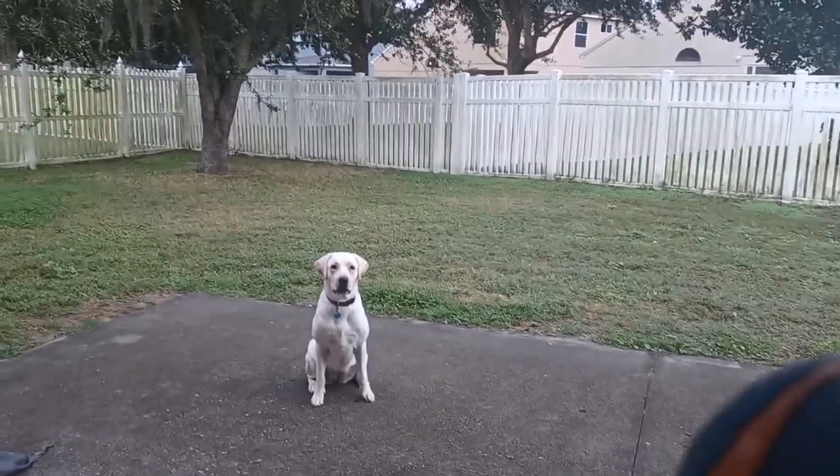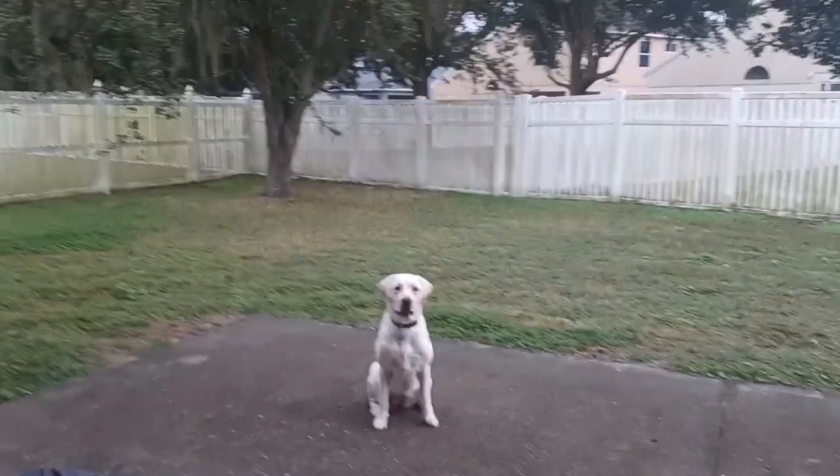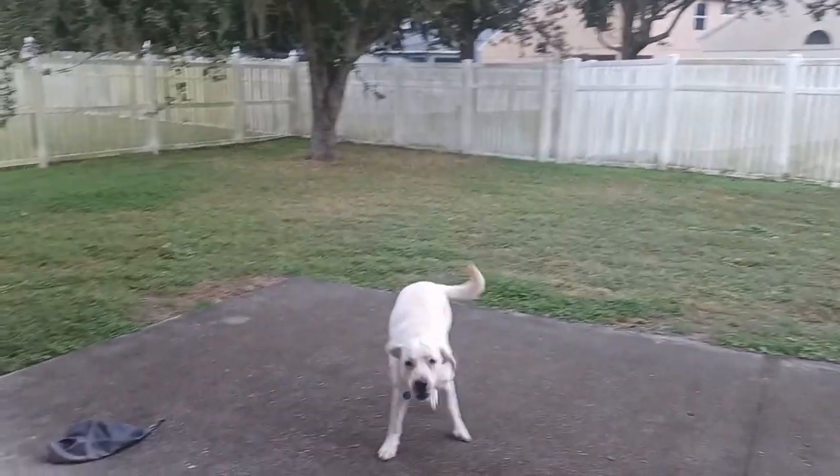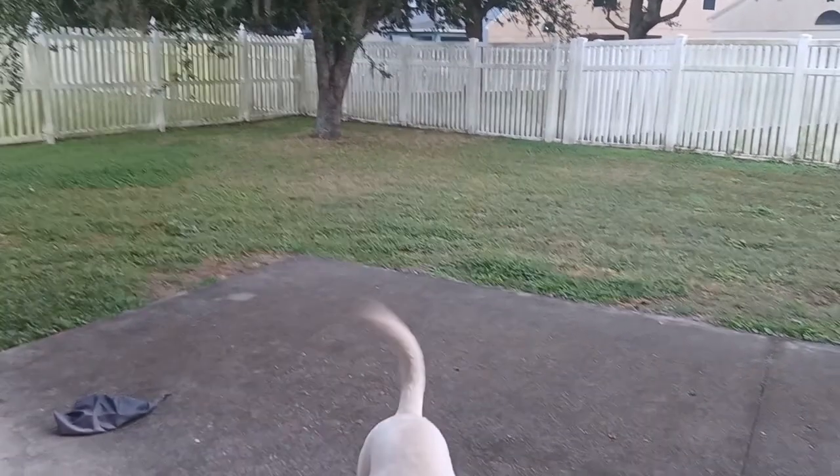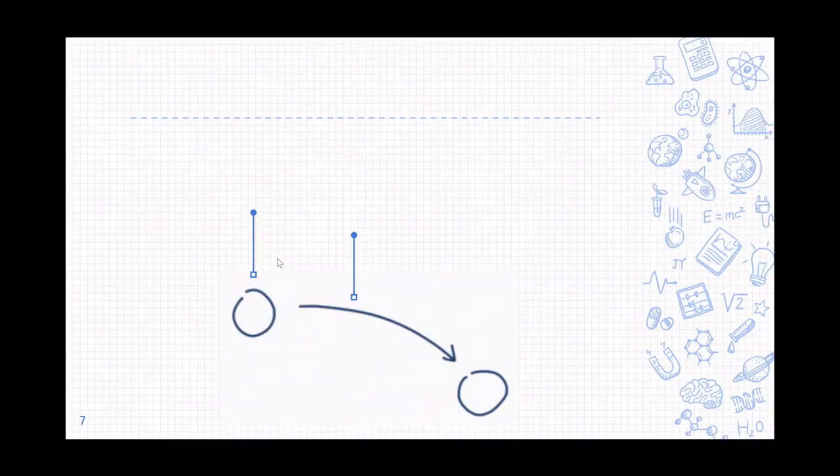Let's look at another example. In this example, a ball is thrown towards the dog. The ball is initially thrown in the horizontal direction and has kinetic energy, but travels in both the vertical and horizontal directions. Why is this so? This is because of gravity.